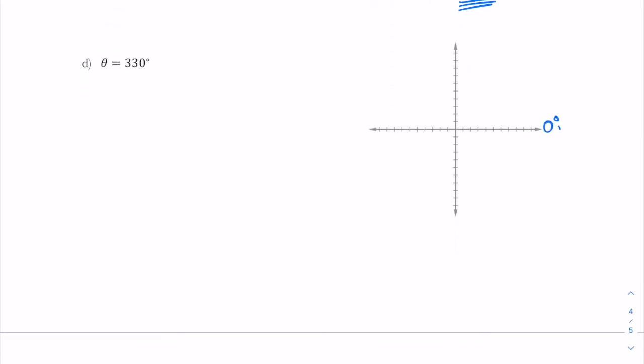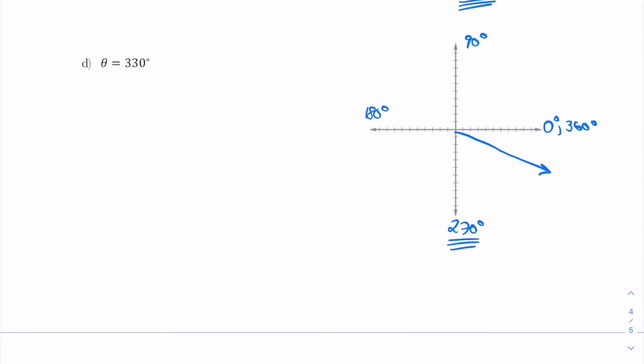All right, so let's label again. 330 degrees. So we haven't gone a full 360, but definitely larger than 270 again. So once again, we're in quadrant 4. It'll probably be roughly here. A sketch is fine.